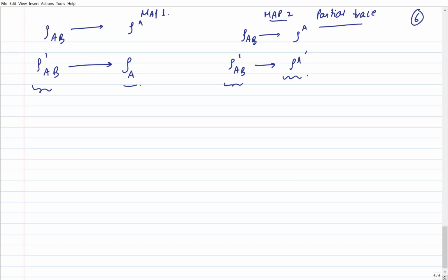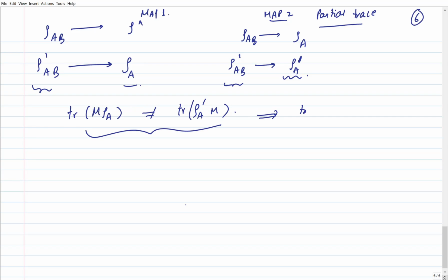Well, then I can straight away see that the trace of Mρ_A is not going to be equal to the trace of Mρ_A prime. And since this is true for any M, I'll have differing measurement statistics.